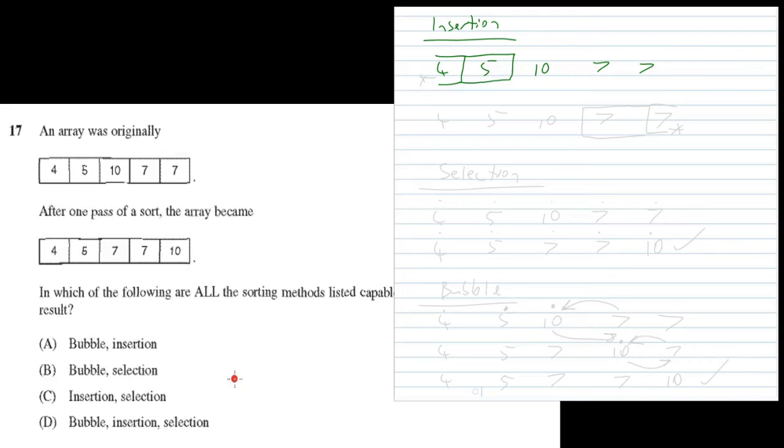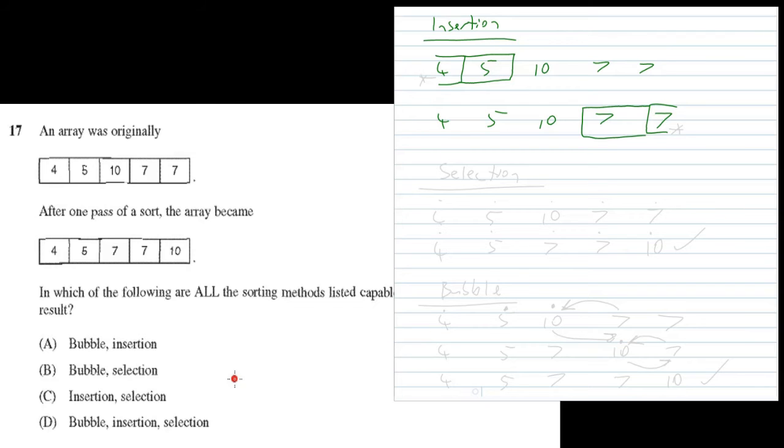Now we could have done it from the other way, where we considered this the sorted array. So after one pass we look at the next element and move it if we need to. But because they're both 7, they stay as they are.